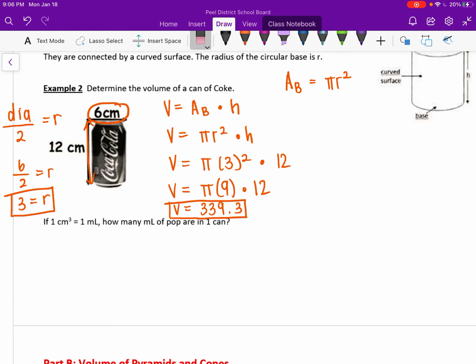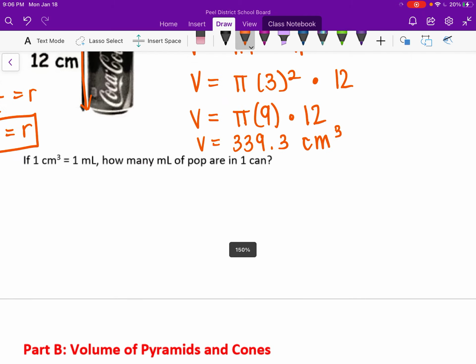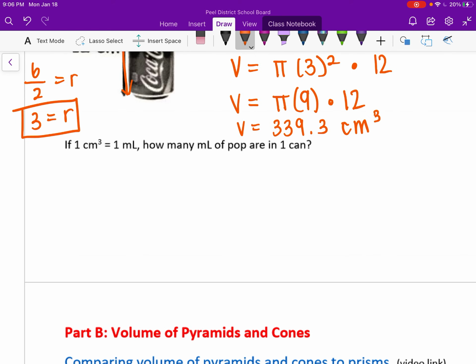Oops, and I forgot to add in my units, this is centimeters because it's going up by centimeters cubed. So if 1 centimeter cubed is equal to 1 milliliter, how many milliliters are in the pop can? It's just a 1-to-1 conversion, so you have 339 milliliters as well.